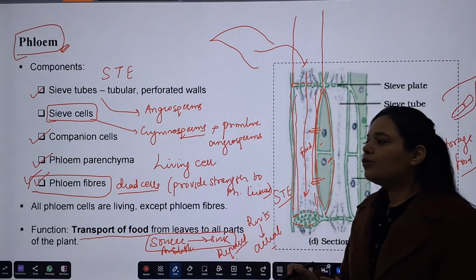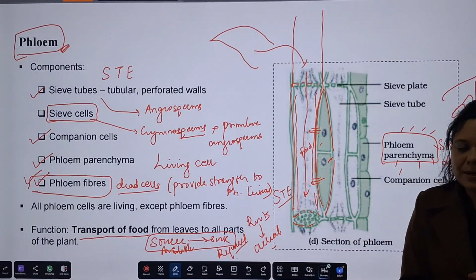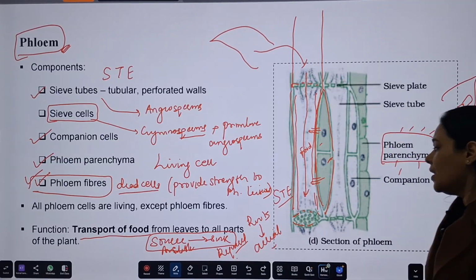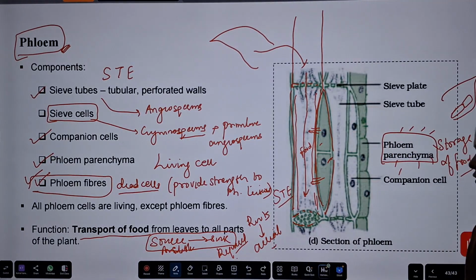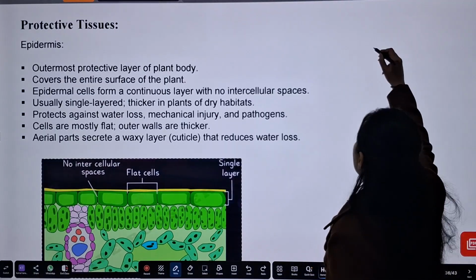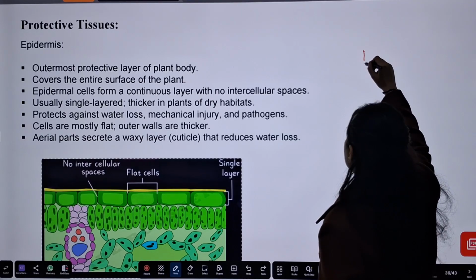So these are the two complex permanent tissues of the plant. Now, let's move to the third kind of tissues.